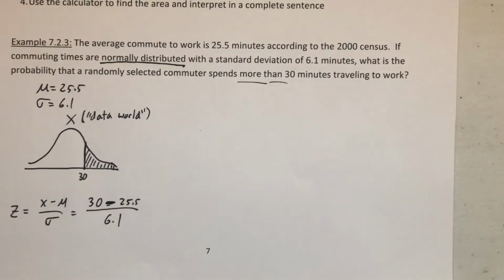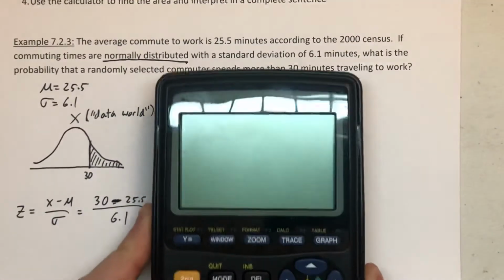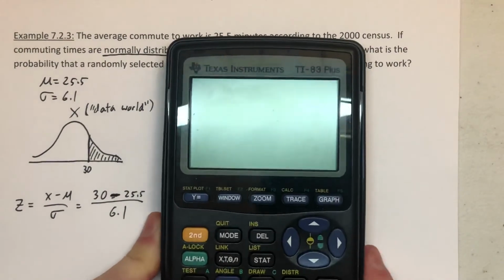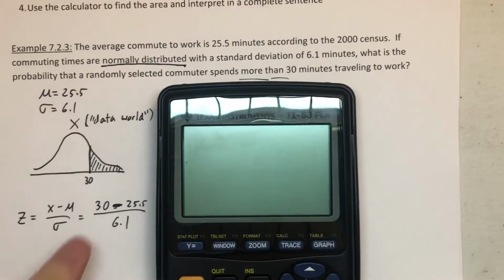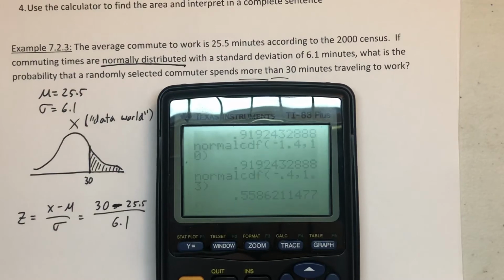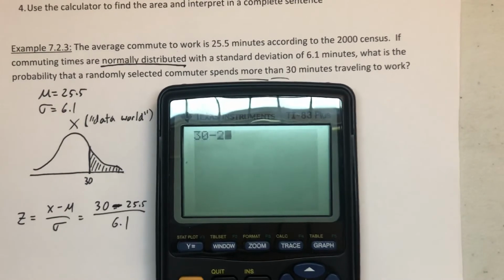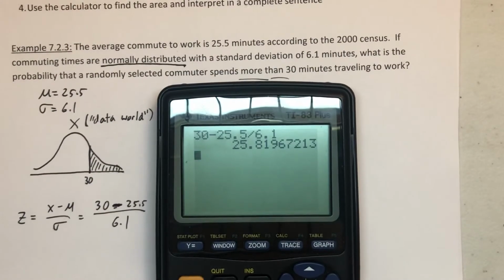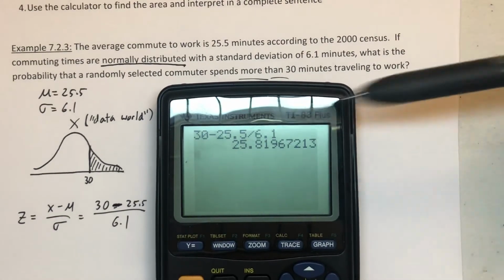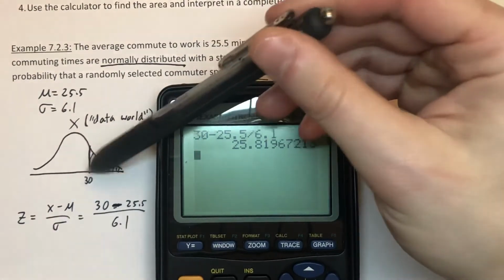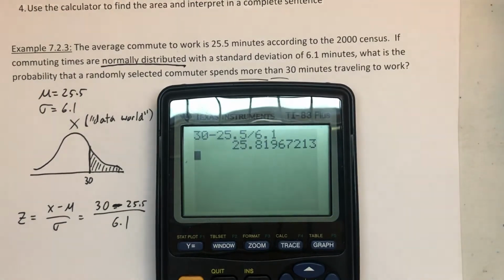Now, speaking of plugging it in, if you're using a calculator, I just want to remind you to be very careful with the syntax on a calculator. If I type 30 minus 25.5 divided by 6.1, we're going to have issues. In fact, I'll do it, and we get that. That is not correct to say your z-score is 25. 30 is not 25 jumps away from the mean.